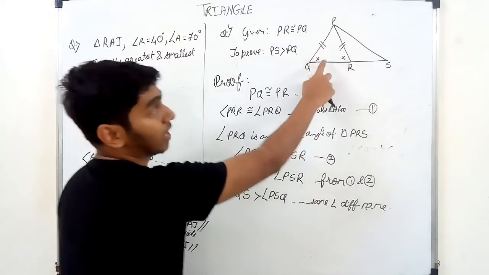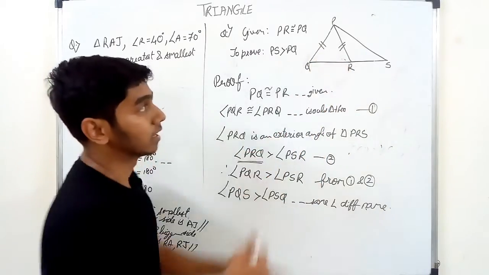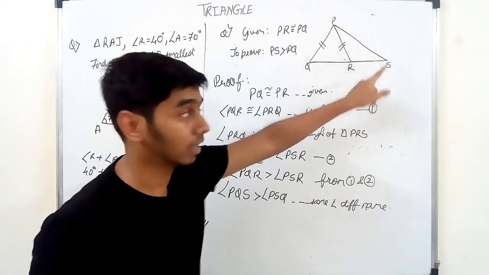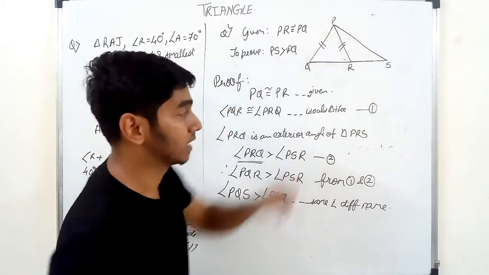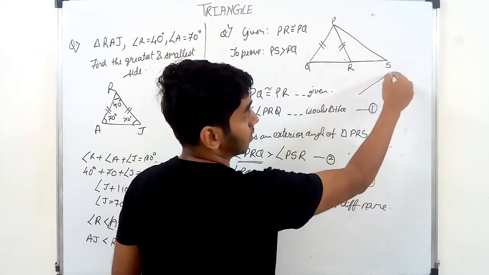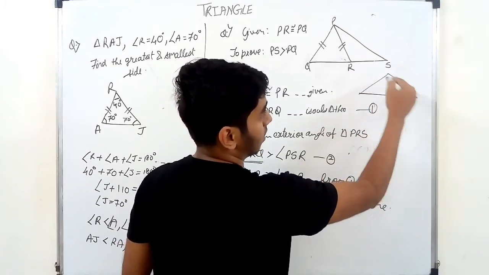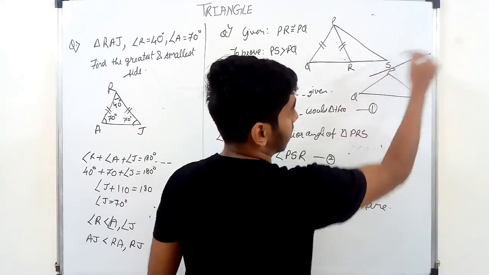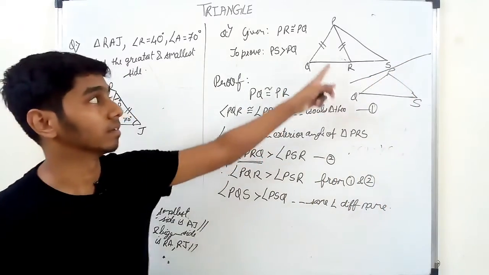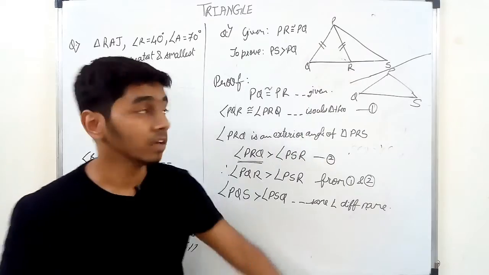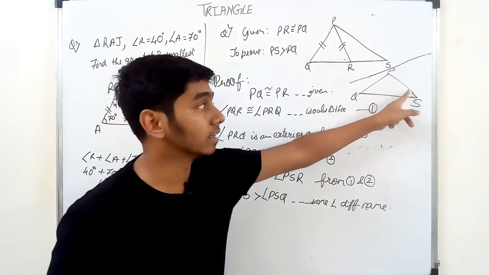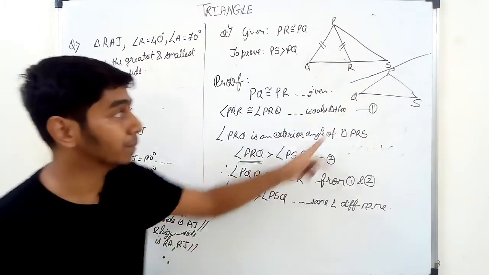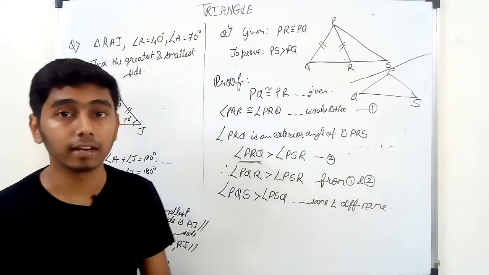Therefore, if this angle is greater than this angle, then we can say something about the opposite side. Just consider this triangle P, Q and S. Ignore this PR. If this angle is greater than this angle, which you see, PQS is greater than PSQ, correct?